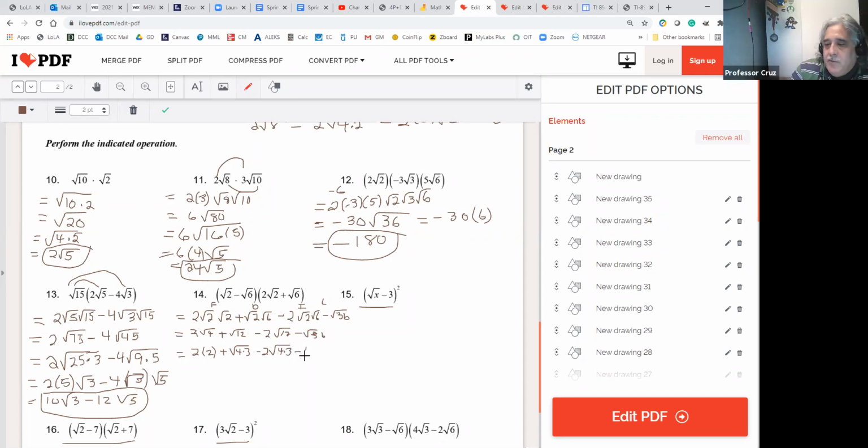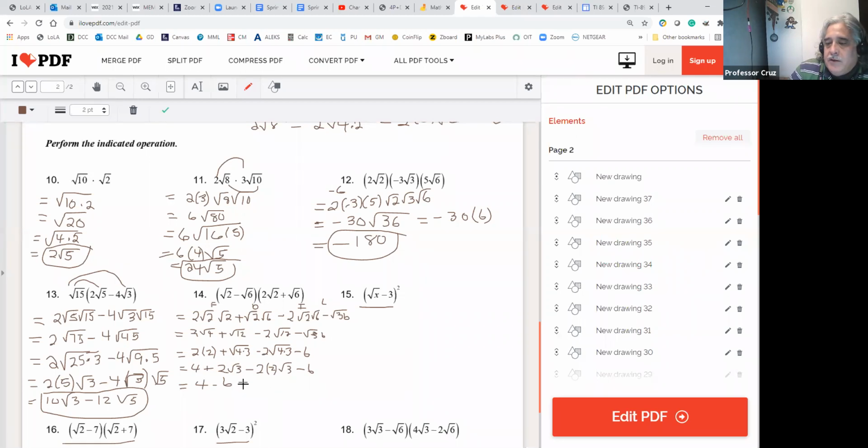And then this is just going to be 6. All right, so that's 4. And then this is 2 square roots of 3. And then this is going to be the same thing, except it's going to multiply. So 4 minus 6, I'm going to put them together.